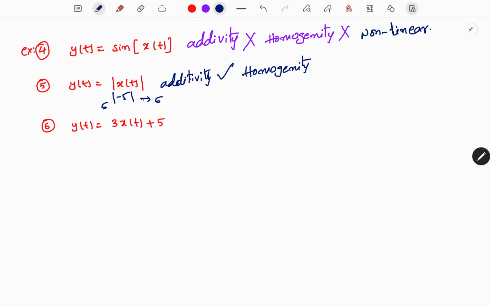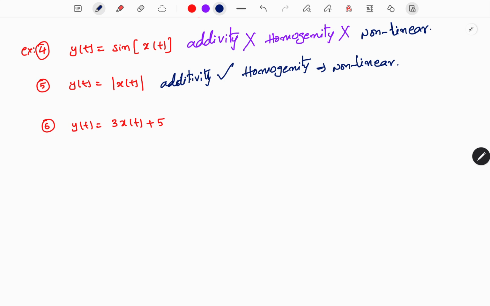So the input is multiplied with the constant minus 5, but the output is multiplied with the constant plus 5. So this homogeneity condition is not satisfied here. So this is a nonlinear system.